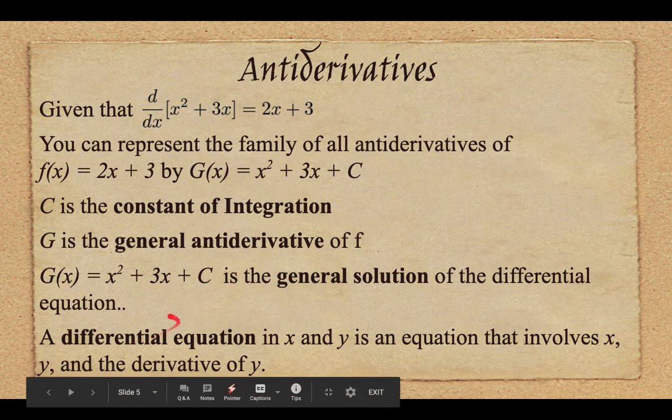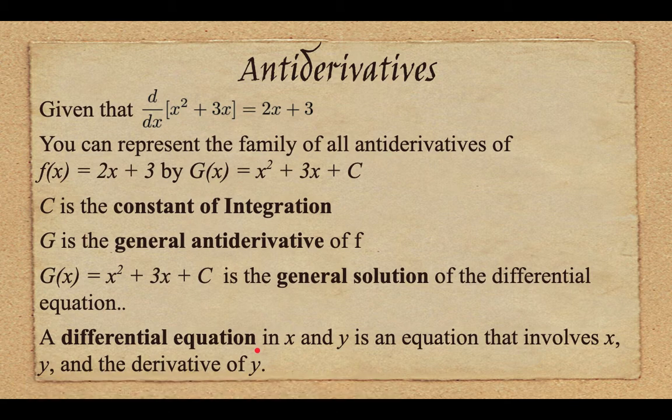And the differential equation is basically an equation that involves x, y, and the derivative of y. So if you have an equation that includes dy dx in it, or y prime in it, and you're trying to solve it, we're talking about a differential equation because it has a derivative in it.